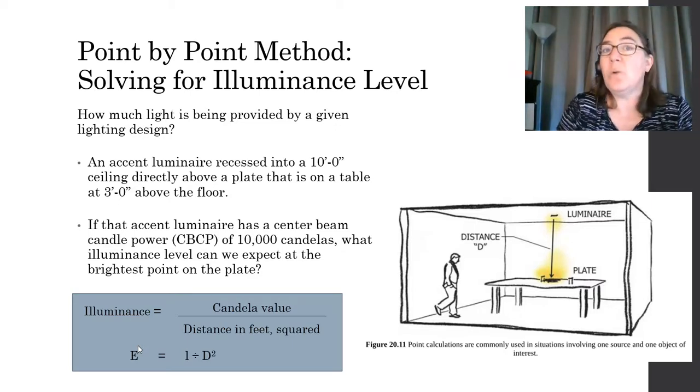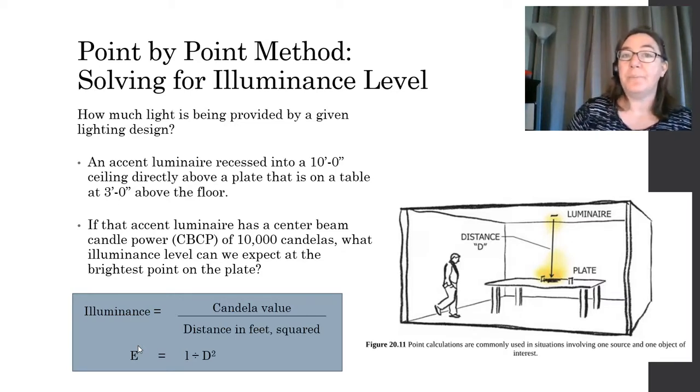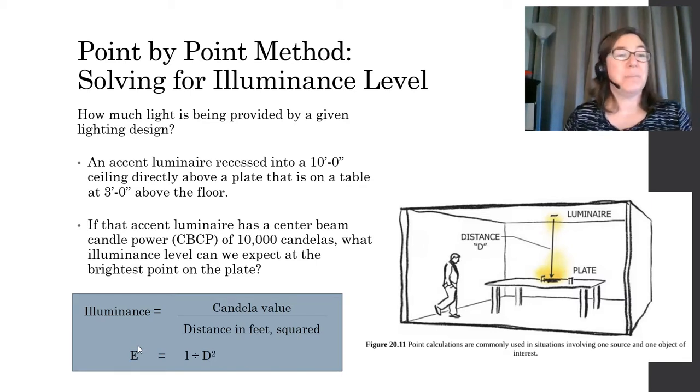That's our focal object. It's sitting on a table 3 feet above the floor. If that luminaire has a center beam candle power of 10,000 candelas, what is the illuminance level at the plate? Let's go ahead and pause right here and see if you can do this calculation.